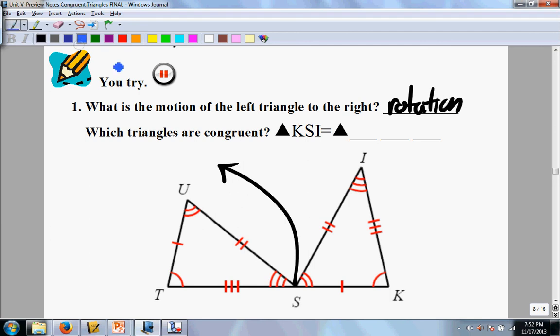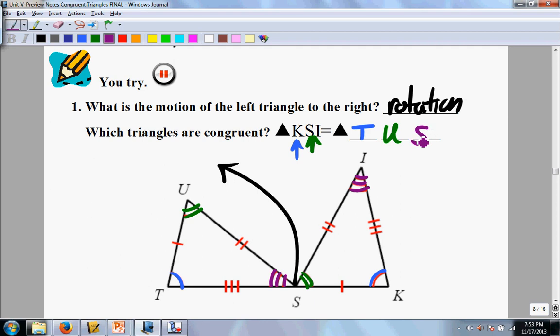Taking a look here, we have K, which is right here, and its match is going to be T. And then we have S, which in this one is double. So over here we go double, U. And then we have I, which is triple, and down here S is the triple.